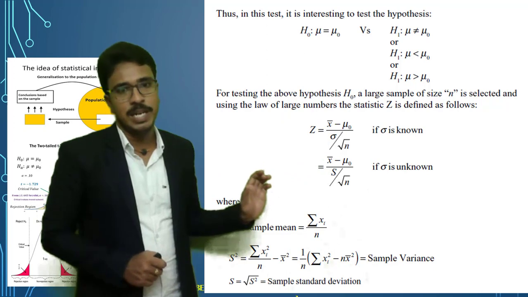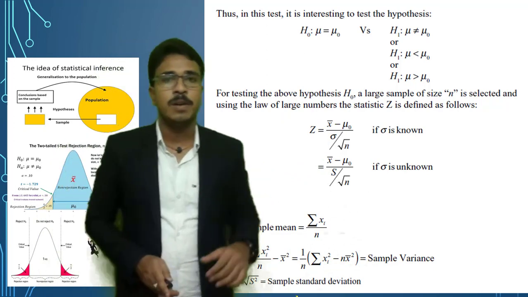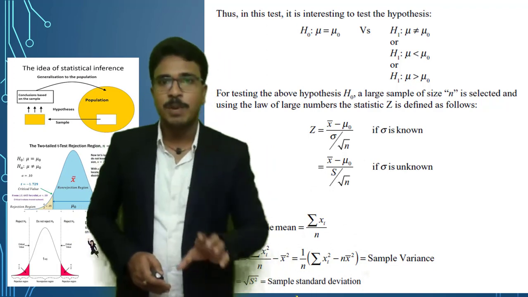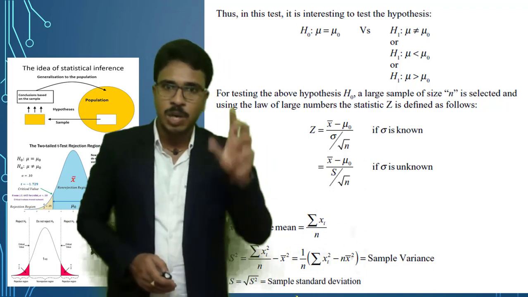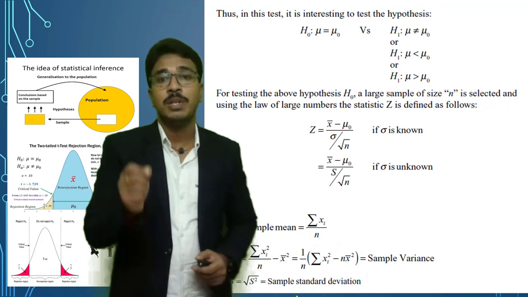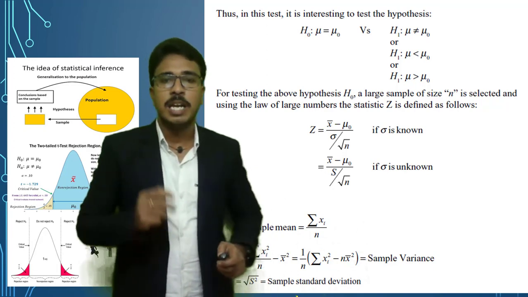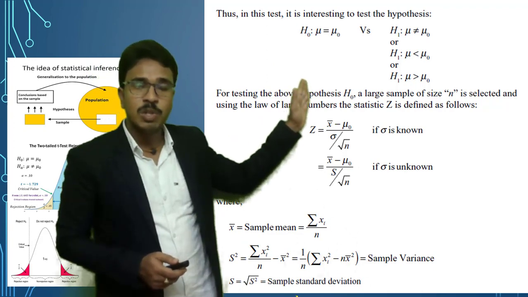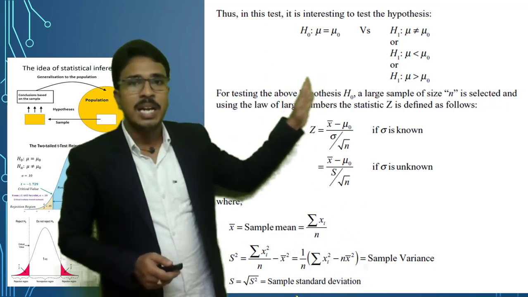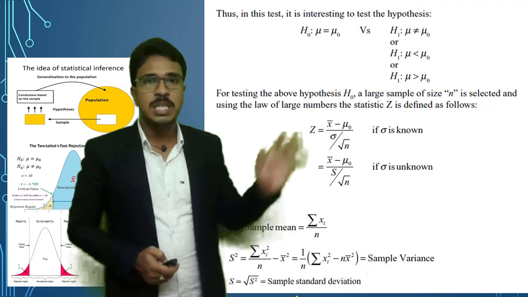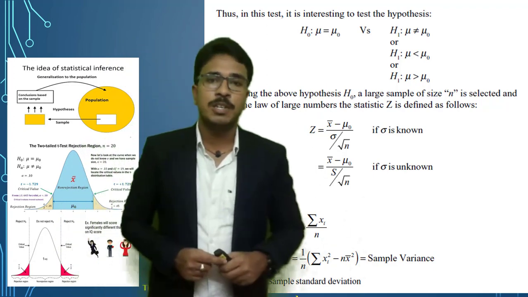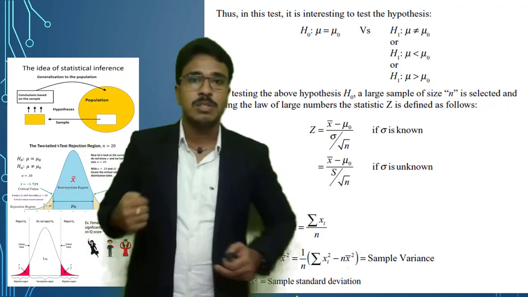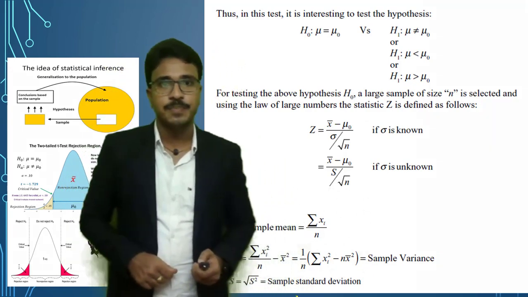So in the Z test, if you are testing one population mean, you have to use these formulas. There are two: one if you know the sigma value, and one if you don't know the sigma value. You should keep these formulas in your mind, then it is easy for you to solve the rest of the problems.